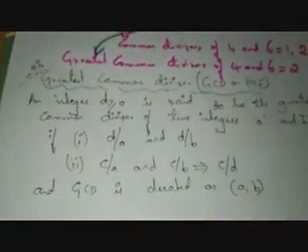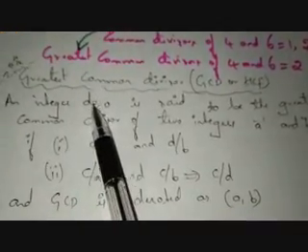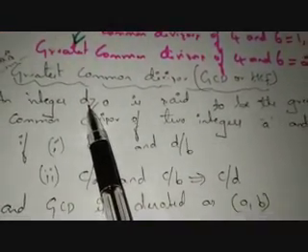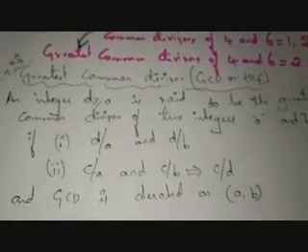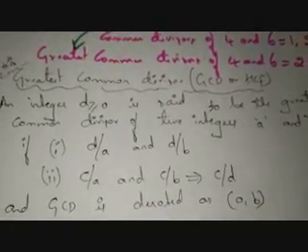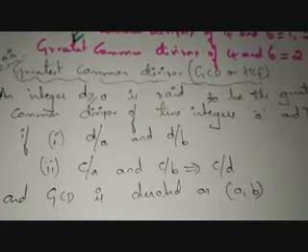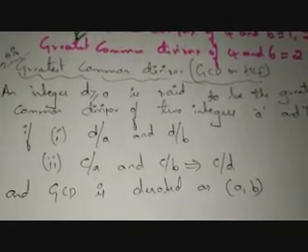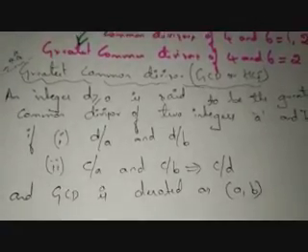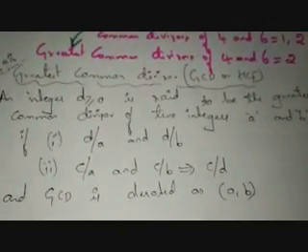So what is the actual definition? An integer d greater than or equal to 0. What is the meaning of d greater than or equal to 0? It means the value of d can be 0, or d can be a positive number. Means d is anything other than a negative number.